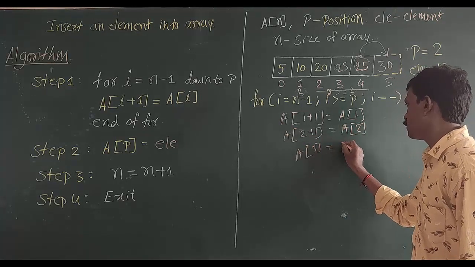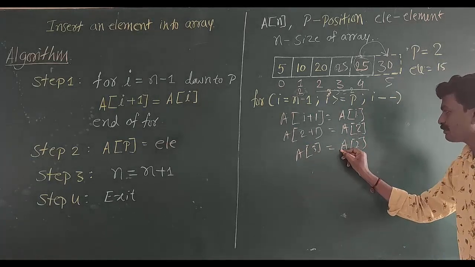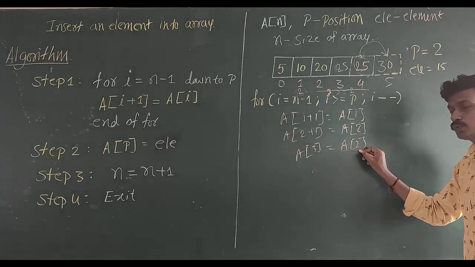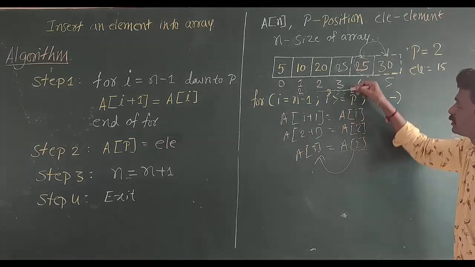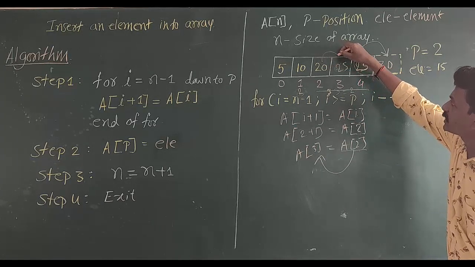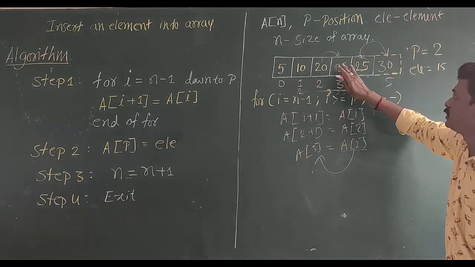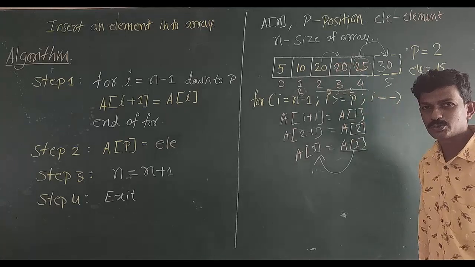A of 3 equal to A of 2. Whatever I have at index 2 should be assigned to index 3. Now I am overwriting this value with 20.